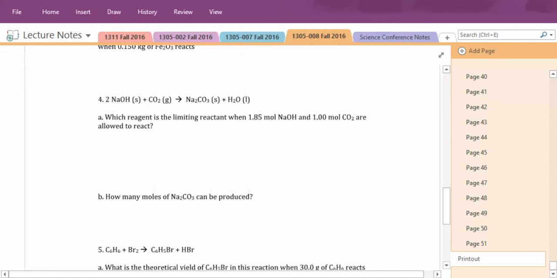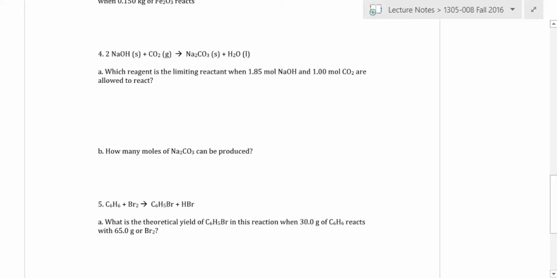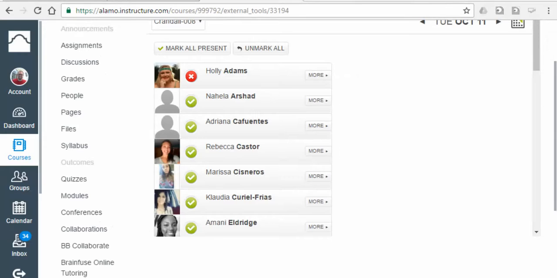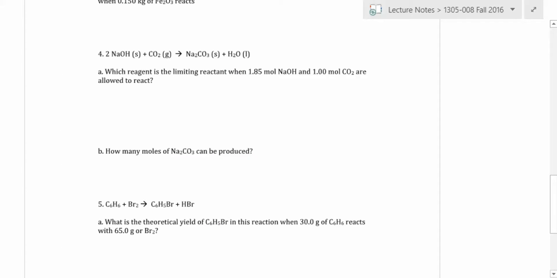Okay, you guys, when you get to this question, number 4, and it asks which reagent is the limiting reagent, then this is how I want you to approach that. All I want you to do is start the equation with 1.85 moles of NaOH and convert it to the moles of one of the products.